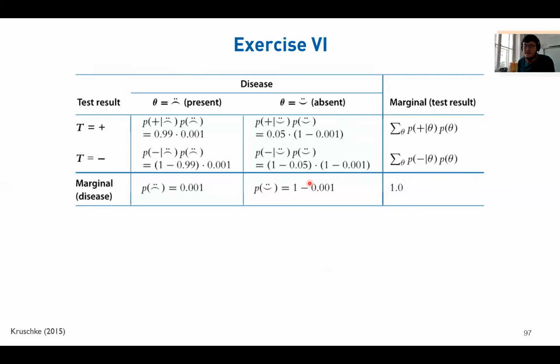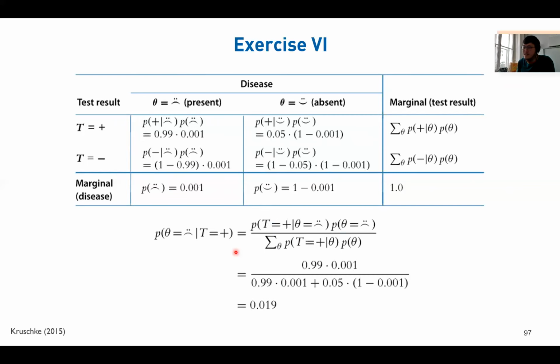Second step, calculate all those possible numbers in this table. Inside the cell, that's the joint probability. Here in the margin, that's the marginal probability. So when you have all those numbers, you do this simple calculation. It doesn't have to be simple, but you can just do it using a calculator or whatever. And then you'll get this number, okay?